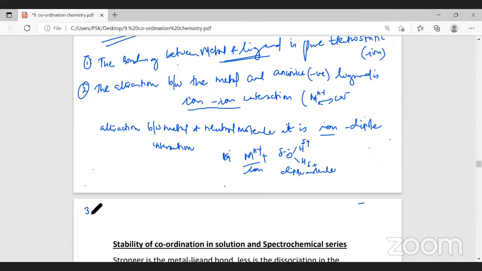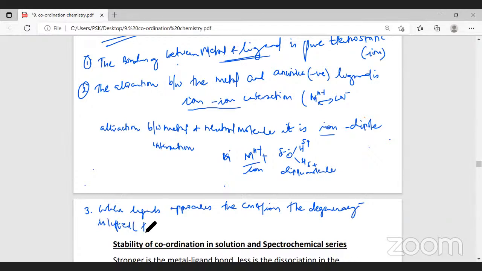Now the next point: when the ligand approaches the central metal atom or ion, the degeneracy is lifted, meaning the d orbitals undergo splitting.